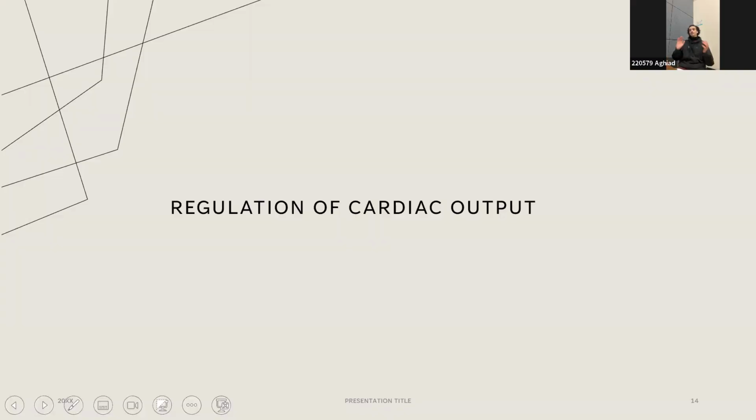All right, so regulation of cardiac output. We're going to talk about it, but before we do, let's have a quick checkpoint. Does anybody have any questions? Is everybody okay? This is the third part of the lecture. It's quite a big lecture, so I just want to make sure everybody is doing fine.